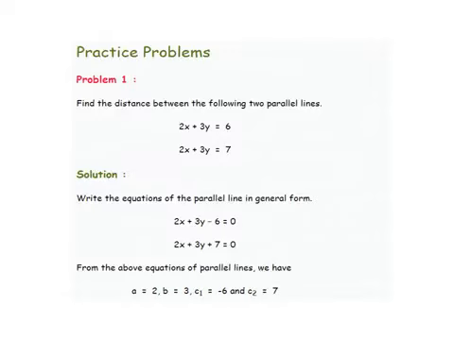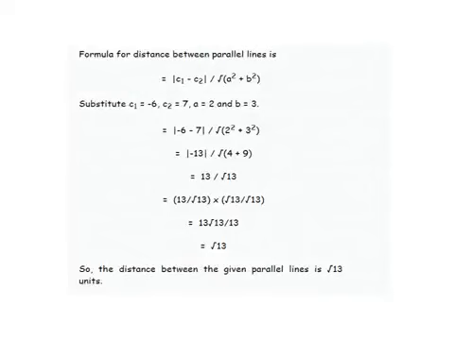Putting these values in the distance formula, we will get the distance between them. After substituting the values in the given formula, we have mod of minus 6 minus 7 divided by square root 2 square plus 3 square, which is equal to mod of minus 13 over square root 4 plus 9, which gives 13 divided by square root 13.